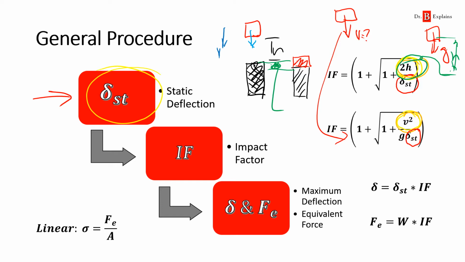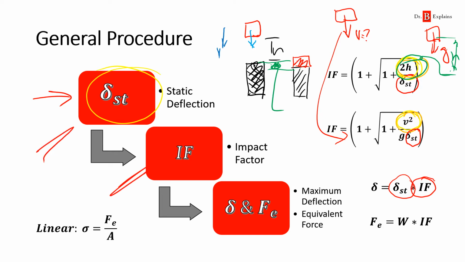Once you have the impact factor, we're going to calculate the maximum deflection and the equivalent force. To calculate those is super easy. Once you have your impact factor from above, you're going to multiply that impact factor times the static deflection, the two numbers that you calculated in the previous two steps.